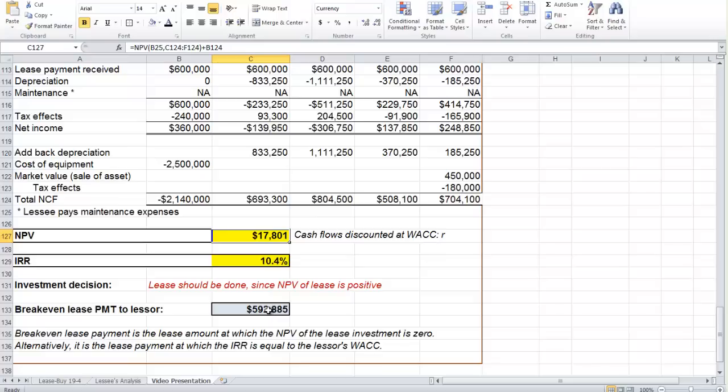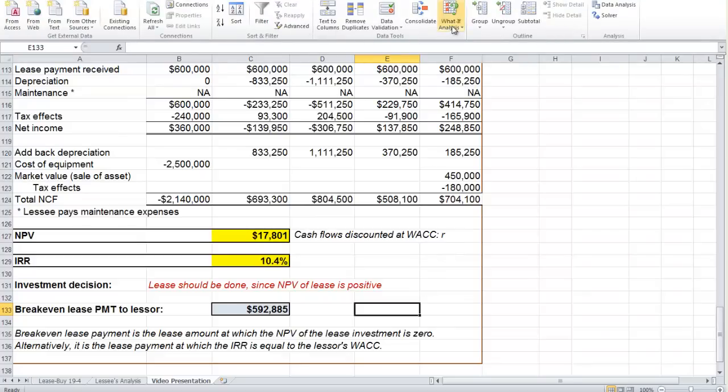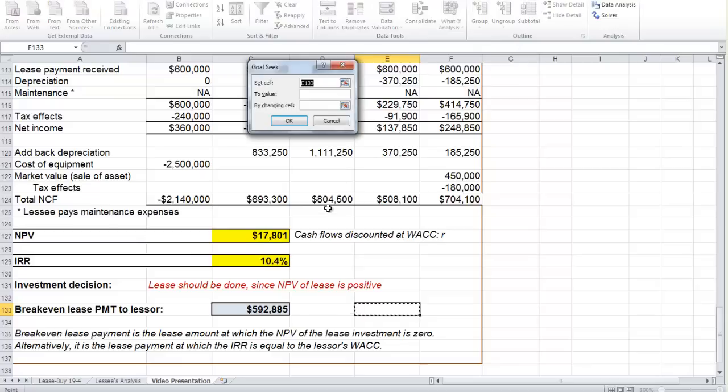Now, as it turns out, the break-even lease payment for the lessor is $592,885, which again we can find by going to Data, What If, Goal Seek. We want to set the NPV to a value of 0 because the NPV is the yardstick with which the lessor will determine whether to go ahead with the lease or not.